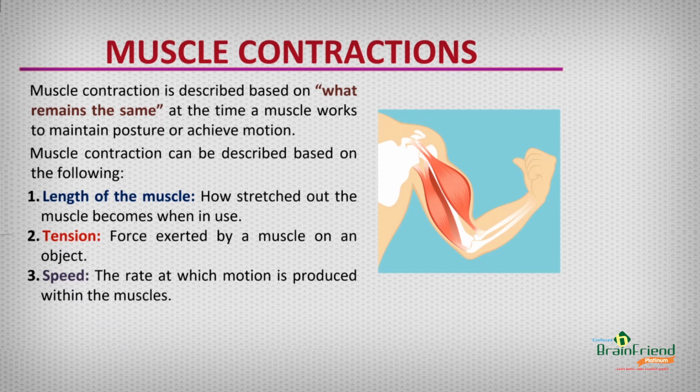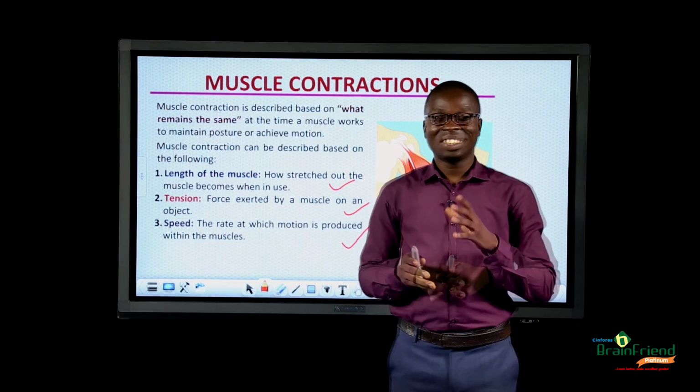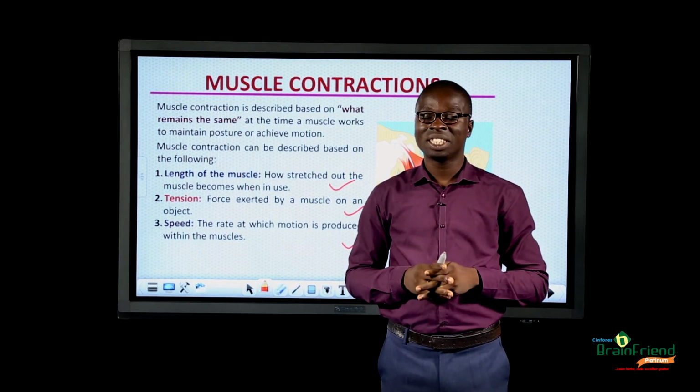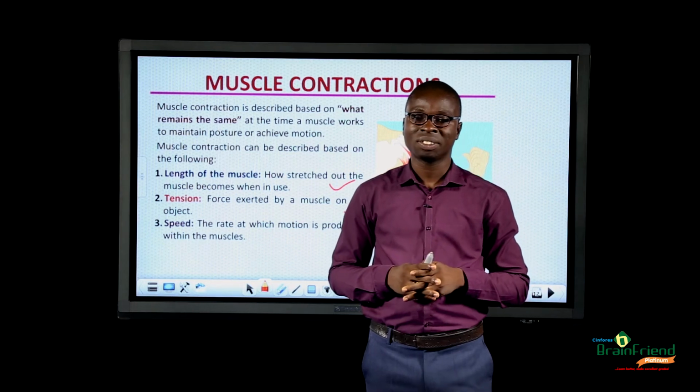They can be described based on the length of the muscle, which is how stretched out the muscle becomes when in use; the tension in the muscles, which is the force exerted by a muscle on an object; and finally, the speed, which is the rate at which motion is produced within the muscles. Having known that, now let's talk about the different types of muscle contractions.